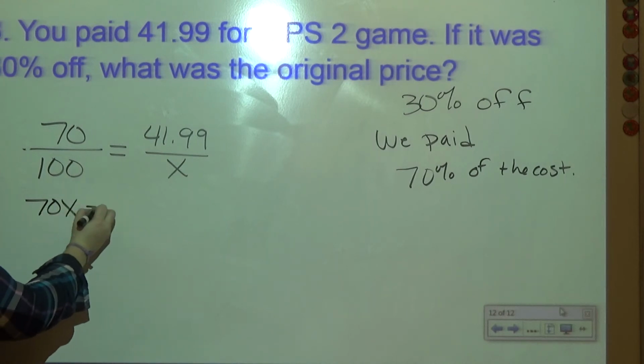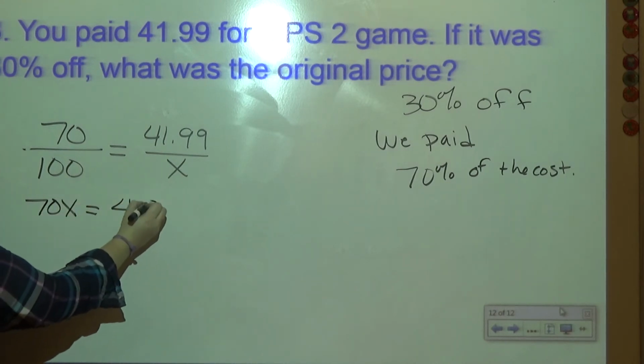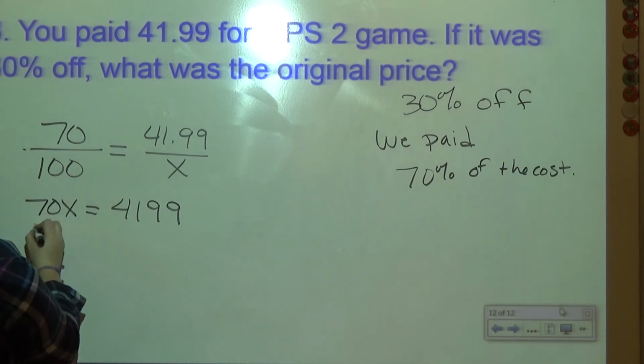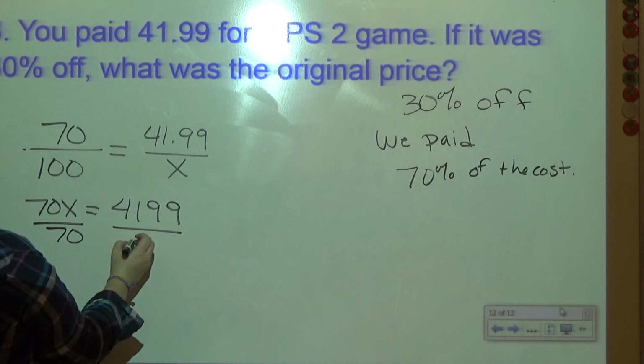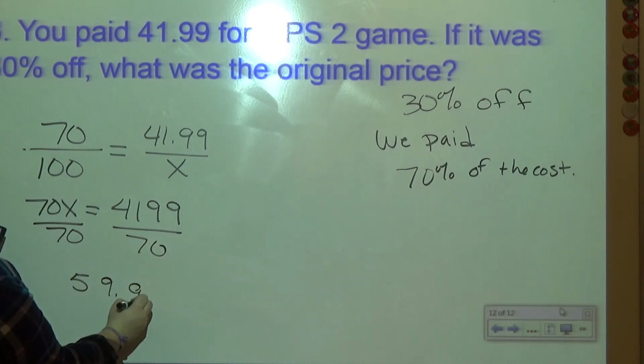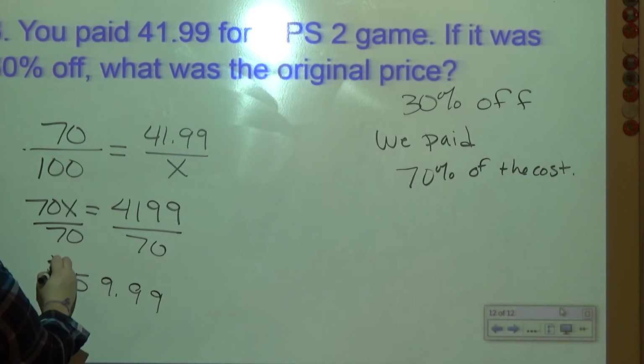70x equals 4199. Okay. 4199 divided by 70. And it came to about $60. 59.99.